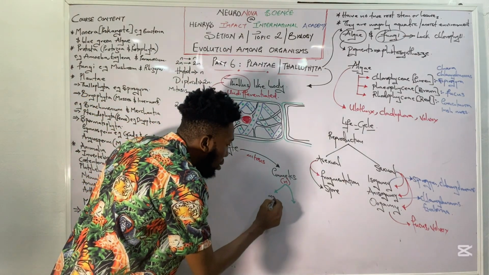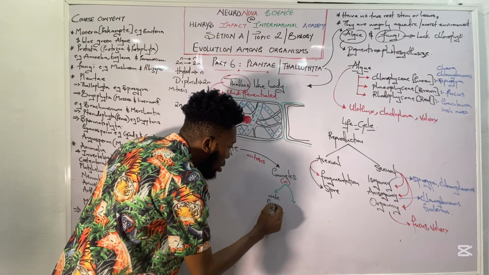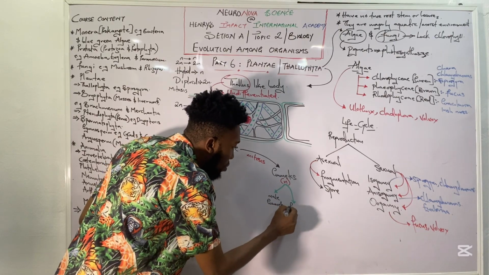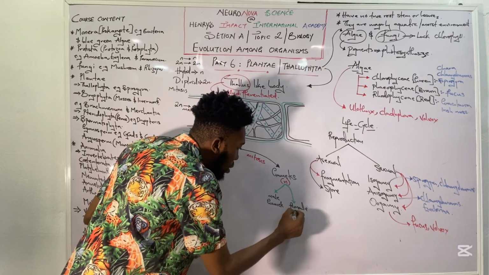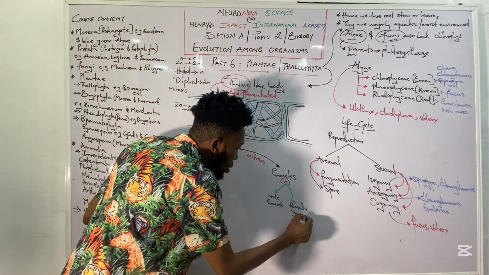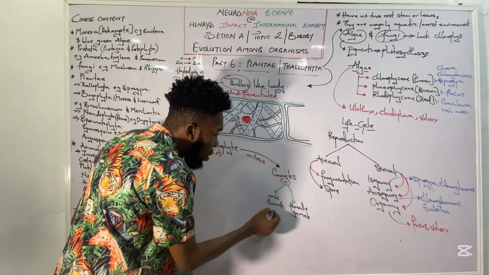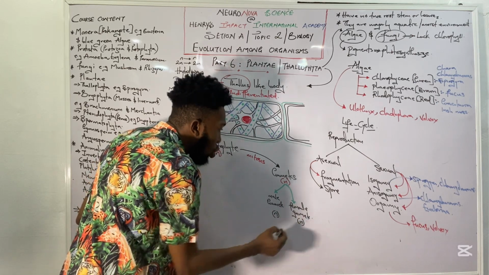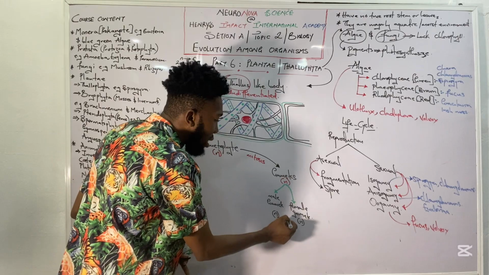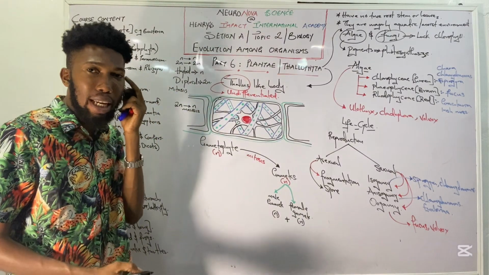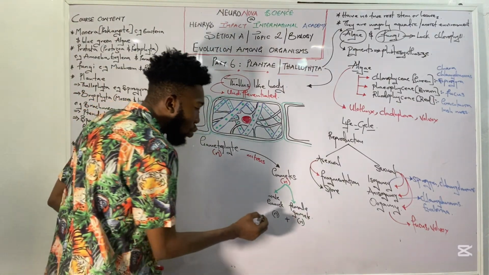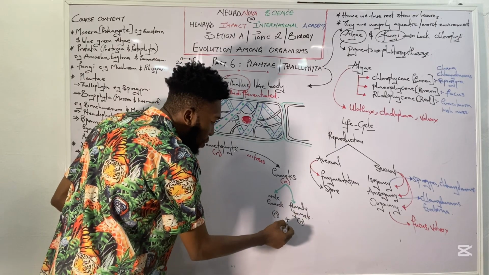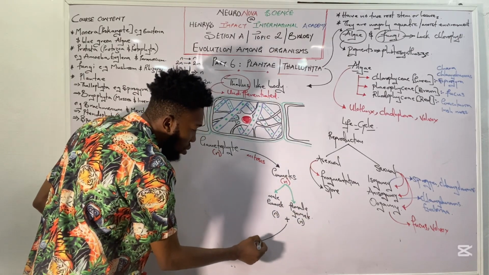Male gametes, and we also have the female gametes. Yeah, so the male gamete here, you know, it's N, female gamete also is N. So when they fuse, N plus N gives you what? N plus N will give you what? 2N, right?